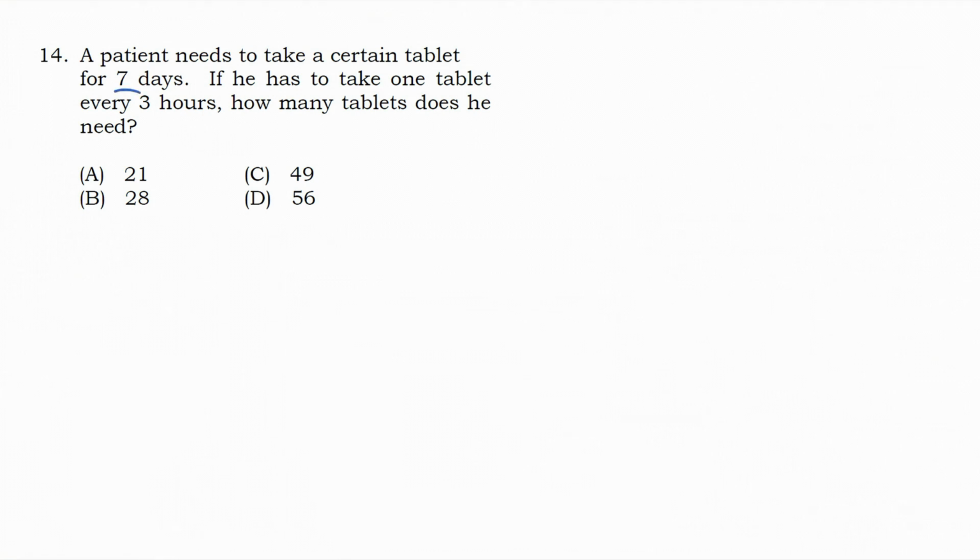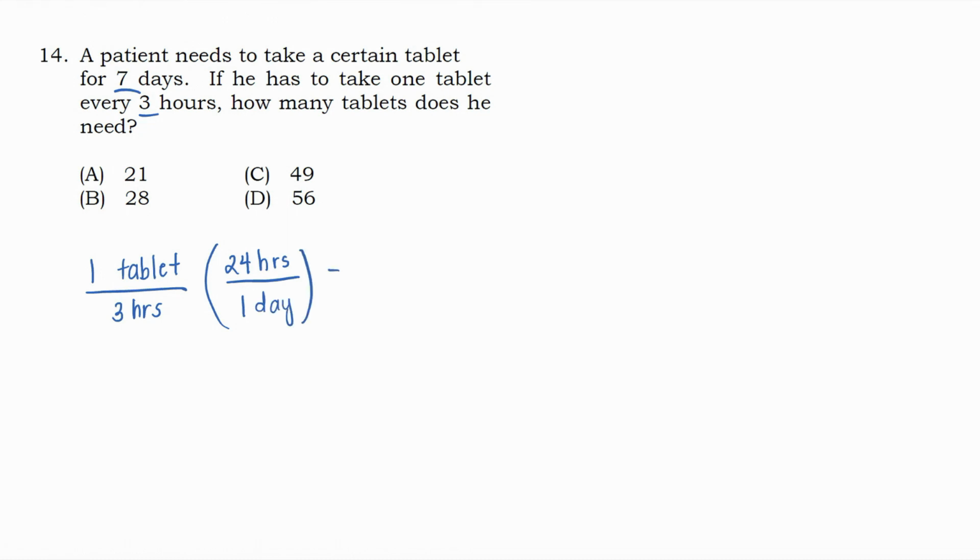If he has to take one tablet for every 3 hours, how many tablets does he need? So, for this one, sabi, kailangan niyang uminom ng 1 tablet in 3 hours. Tapos, syempre, in 1 day, kasi 7 days, diba? Kukunin natin kung ilang tablet yung iinumin niya in 1 day. Meron tayong 24 hours in 1 day, diba? So, ayan.